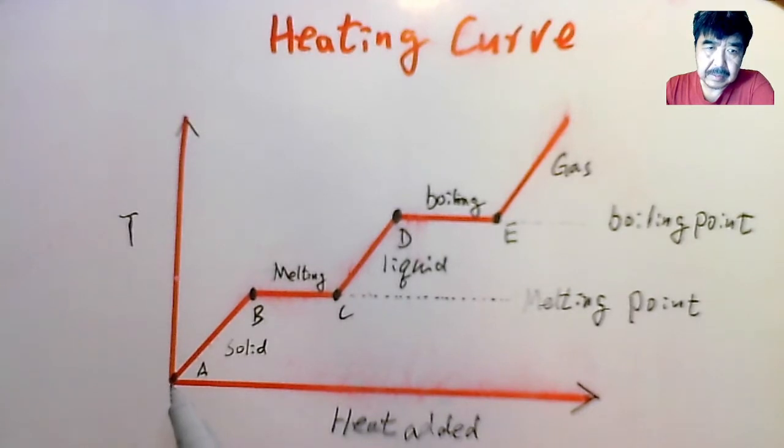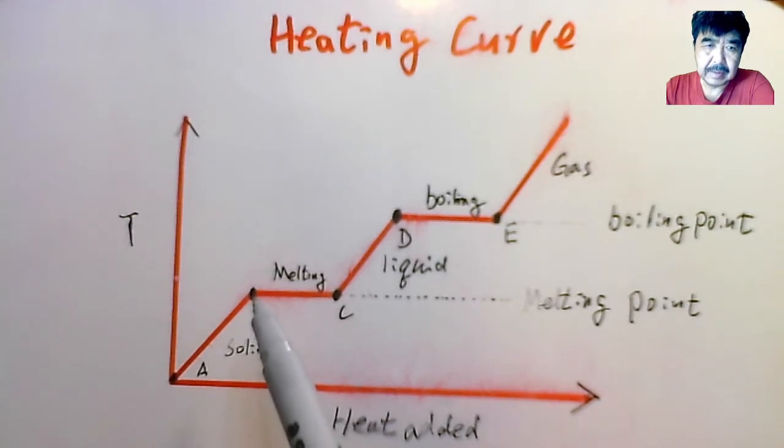Let's start with point A. At point A is the solid phase. Then we start to add heat to the matter in solid phase. Then the solid phase temperature starts to increase. Once the temperature comes to point B, the solid starts to melt to become a liquid.